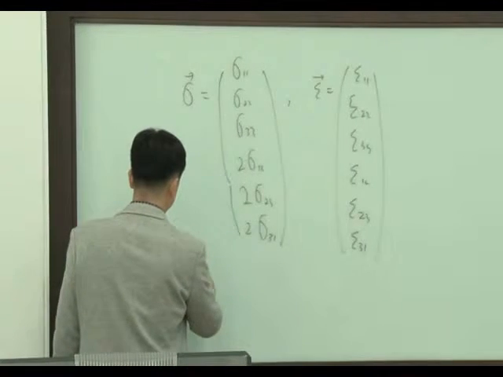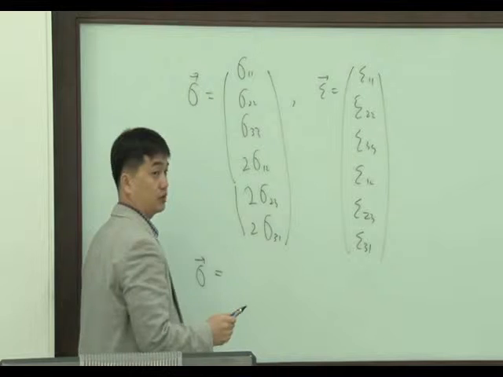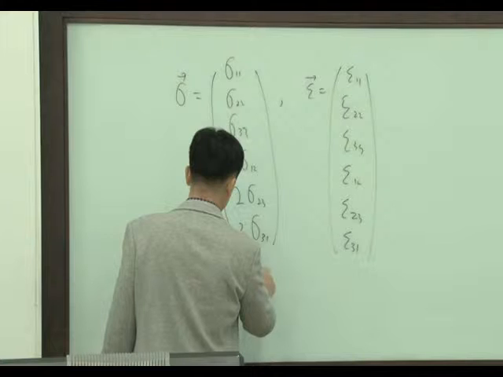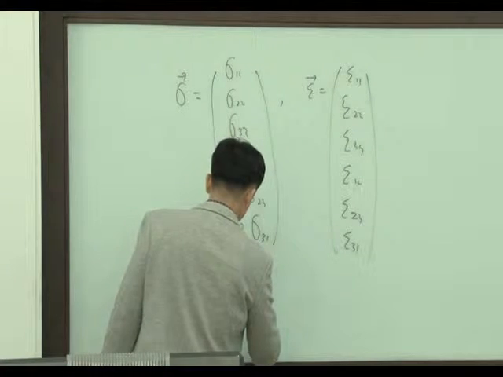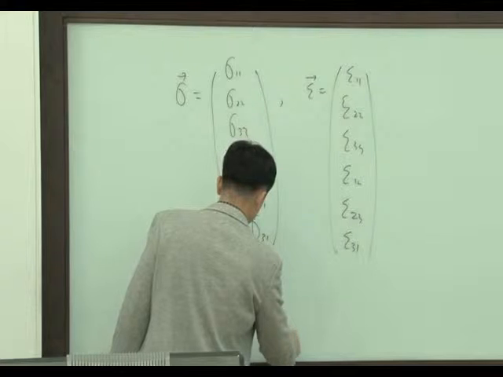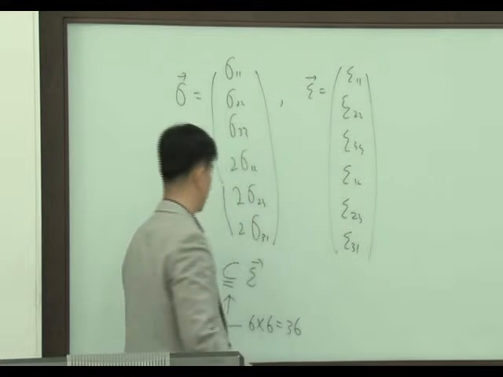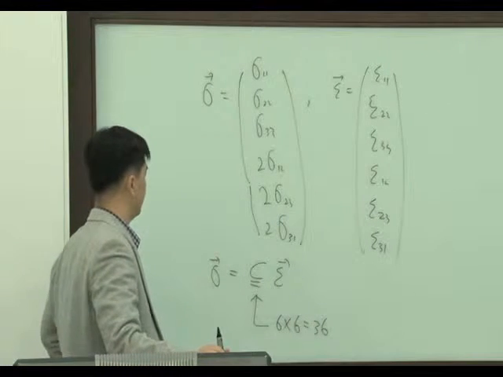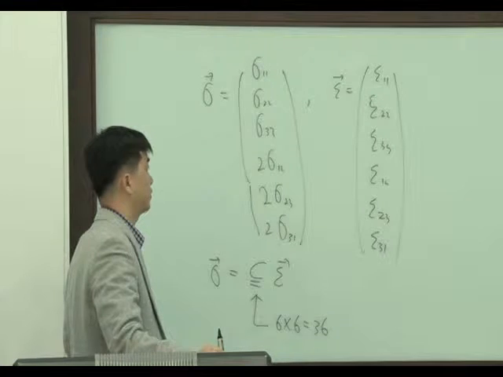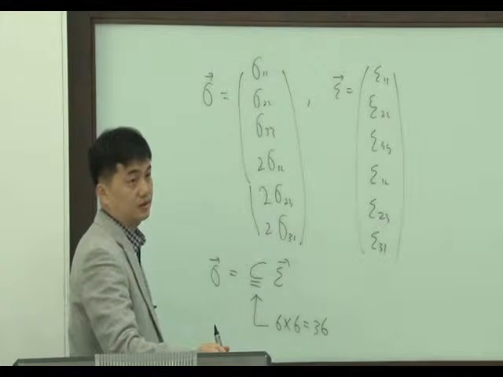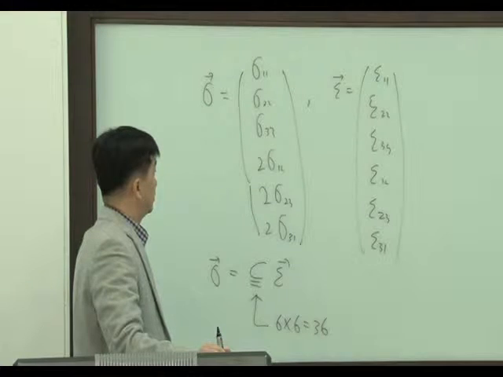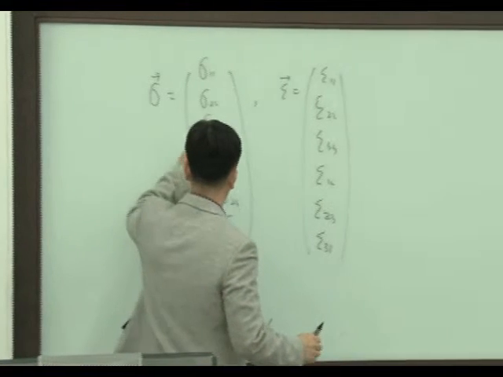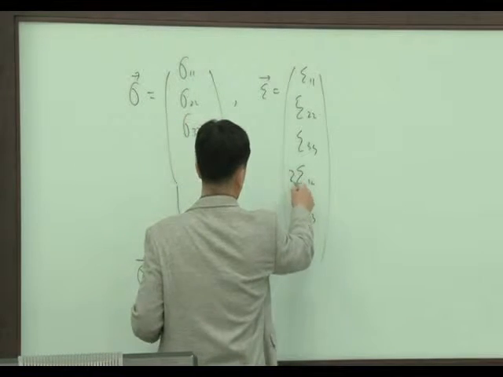Then the fourth order tensor becomes a second order tensor, like that: 6 by 6, with 36 components. Sorry, this is wrong. I need to have a 2 here: 2, 2, 2.